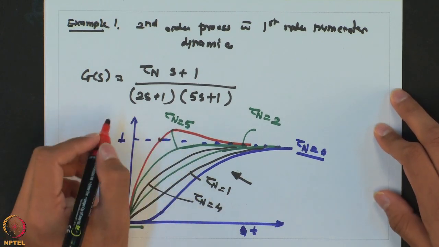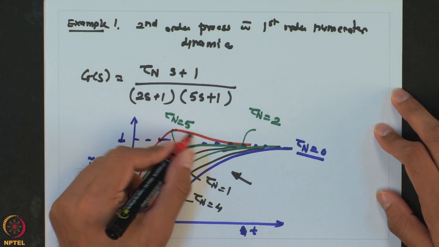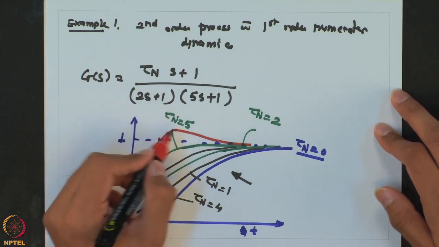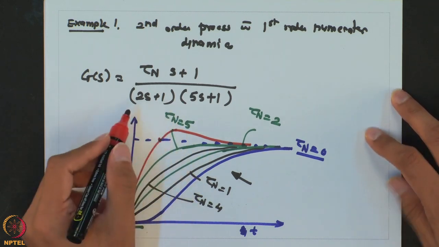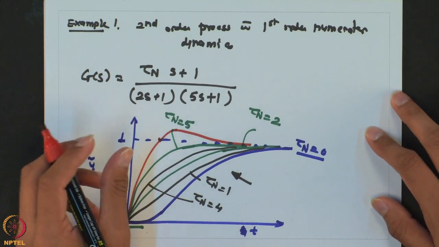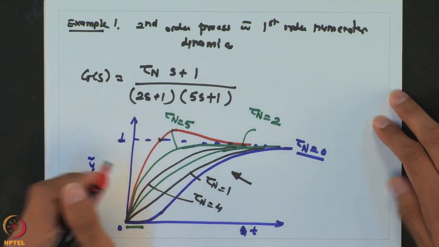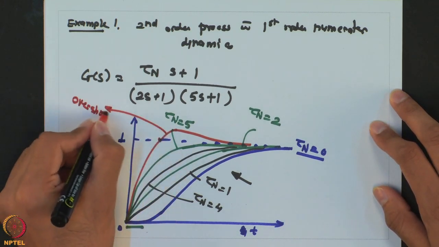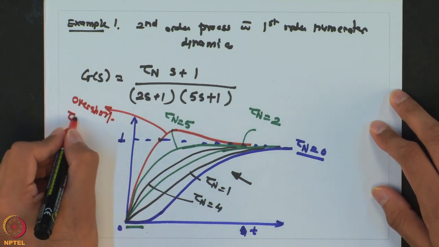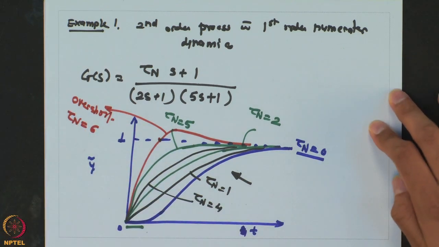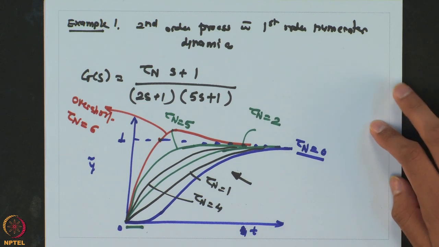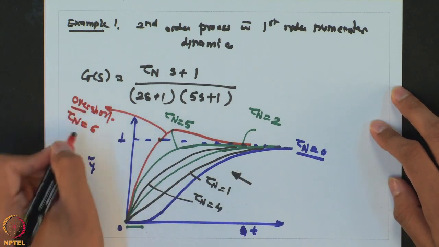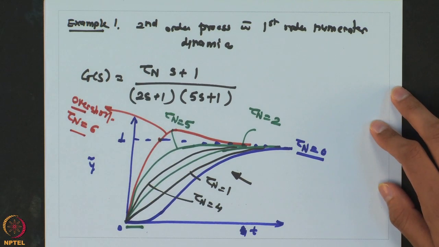There are no oscillations, but the response is exceeding the ultimate value because both the dynamic modes are contributing more than the constant term inside the response, and what you get is overshoot. This is for tau n, let us say, equal to 6, which is greater than 5. So, what we have is an overdamped system, without oscillations, giving you overshoot. That is possible only when you have numerator dynamics.